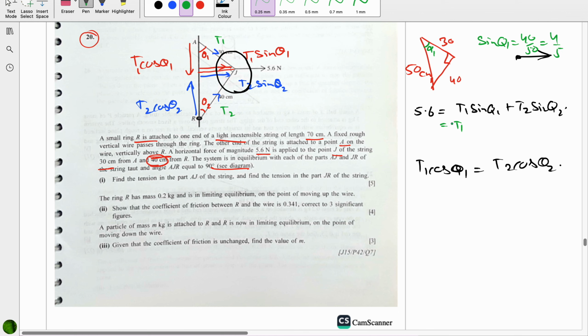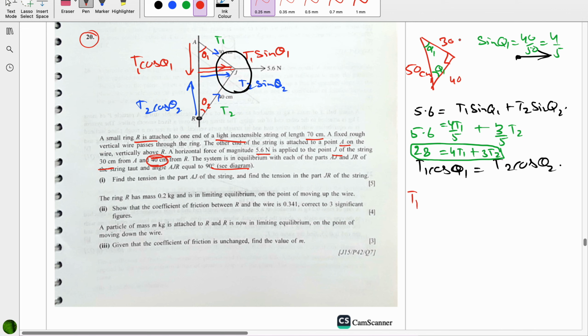So I can write 4 by 5 of T1 plus, and when we solve for theta 2, sine becomes 3 by 5, 3 by 5 of T2 is equal to 5.6. Simplifying it further, multiplying the whole equation with 5, 5.6 times 5 is 28, equal to 4T1 plus 3T2. One equation is simplified.